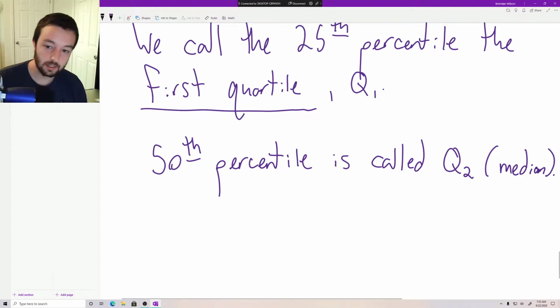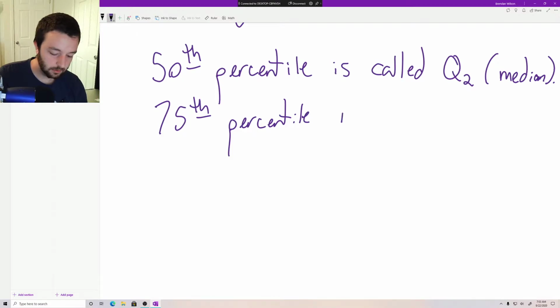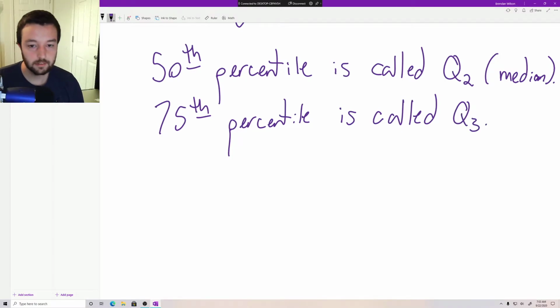So Q2 and the median are the same thing. The 75th percentile is called Q3. Okay, your third quartile. So 75% of the data is at or below that point.